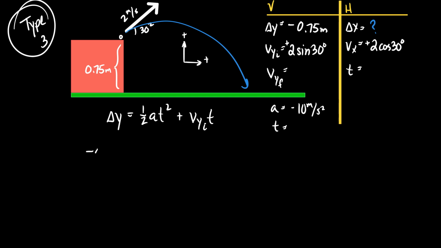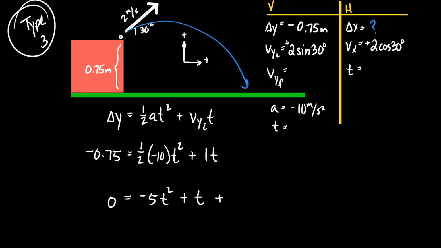So negative 0.75 equals 1/2 times negative 10 t squared plus 1t. I don't have a simple way of getting t. I get 0 equals negative 5 t squared plus t plus 0.75.